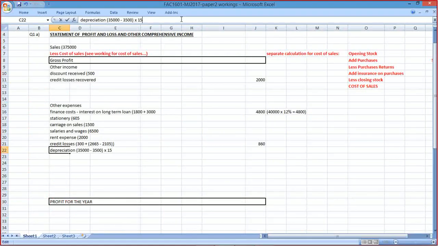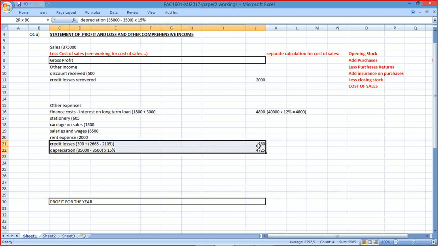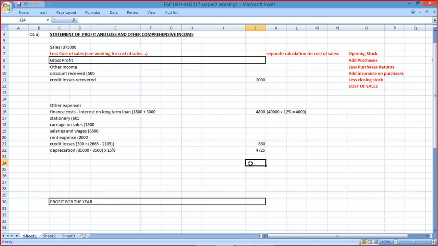Let's just go back and check the rate. Yes, 15% is correct. Okay, so let's see what we get there. 35,000 minus 3,500, times 15% gives you 4725. That's an expense. It must be disclosed here.